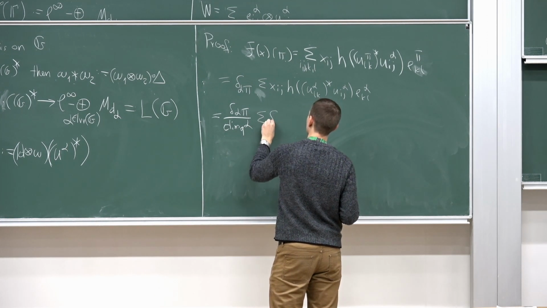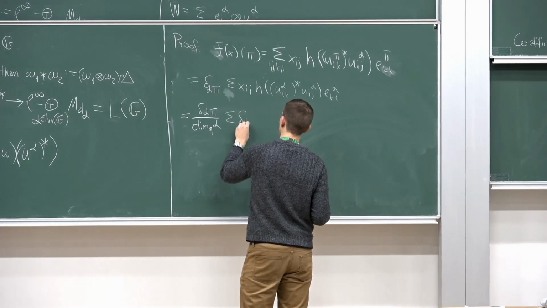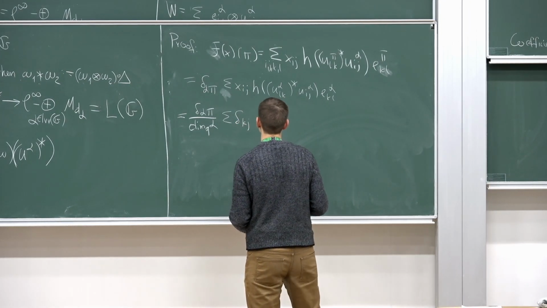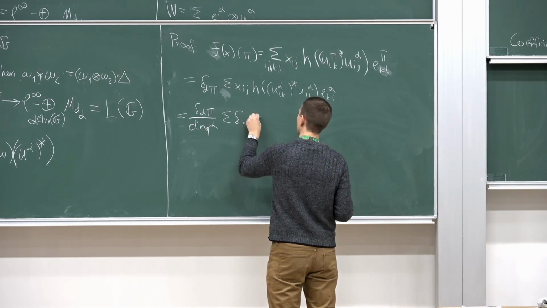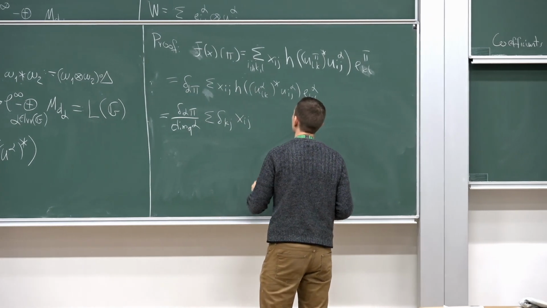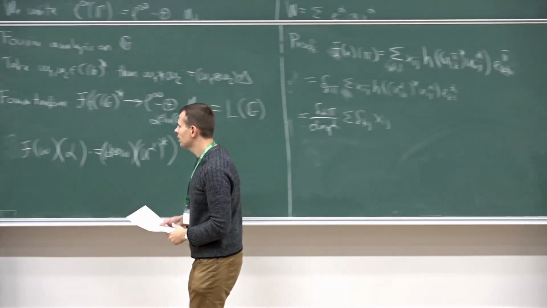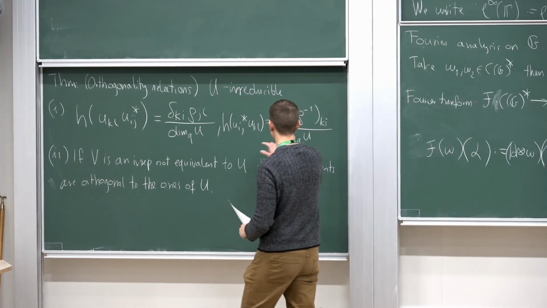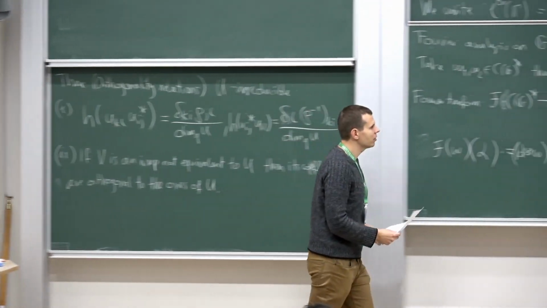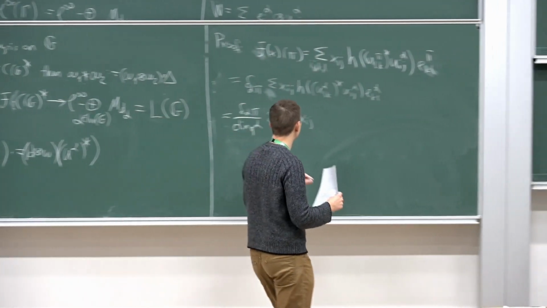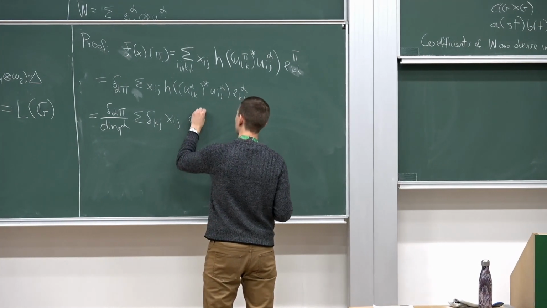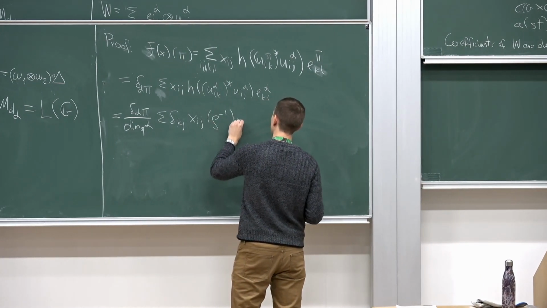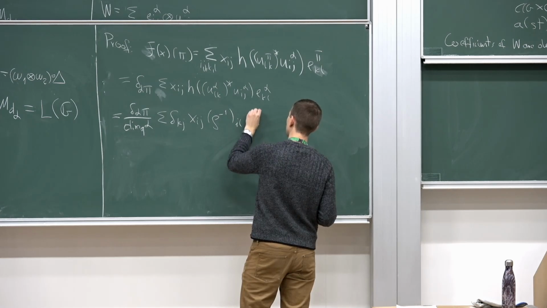We have delta kj, right? We want the second indices to be the same. X, i, j. And then we get rho inverse evaluated at the ki entry. So we get rho inverse IL, KL alpha.